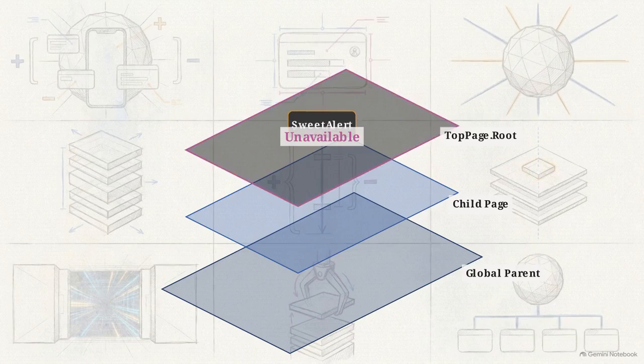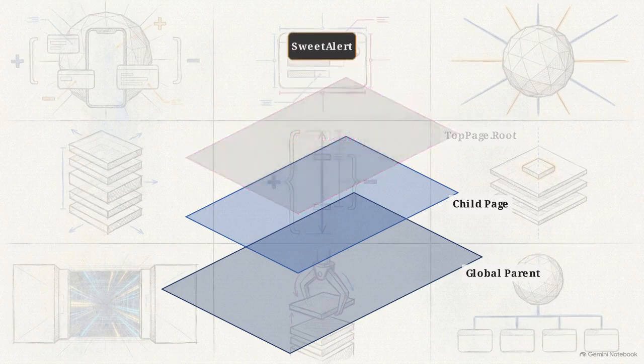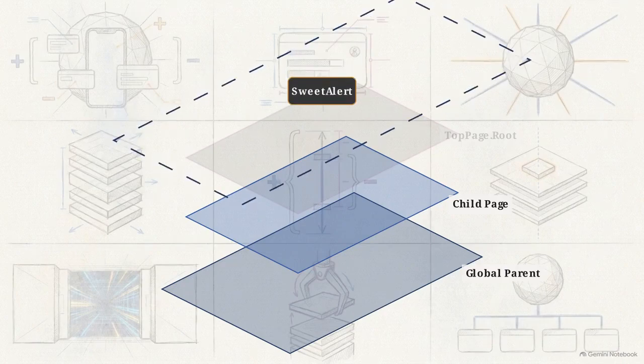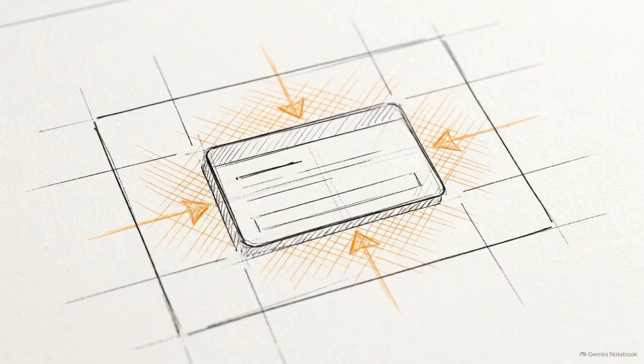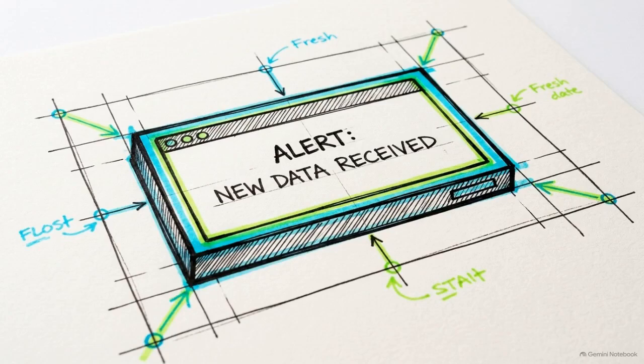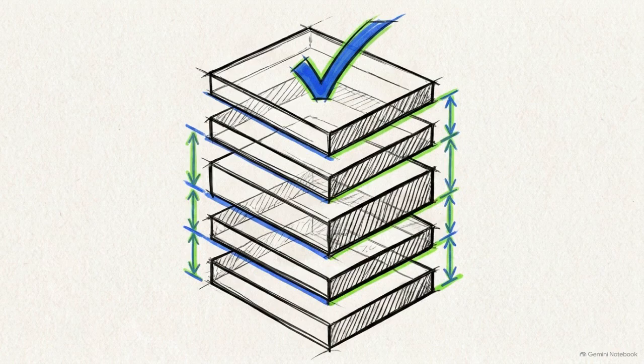If that top page is unavailable, fallback logic attaches the alert to the overarching global parent layer, situated above the entire page stack. To prevent overlapping dialogues, the framework utilizes an active alert tracker. It identifies older toasts, strips them from the view, and draws the new ones.